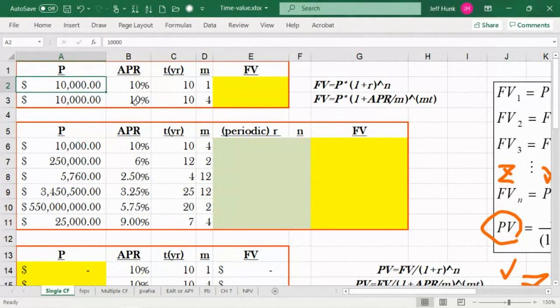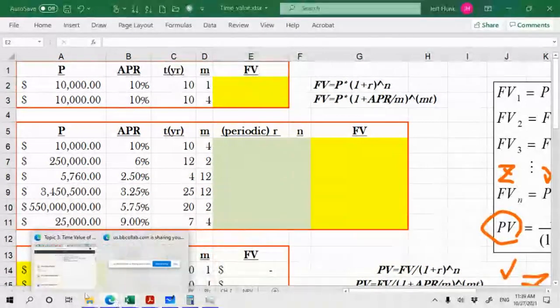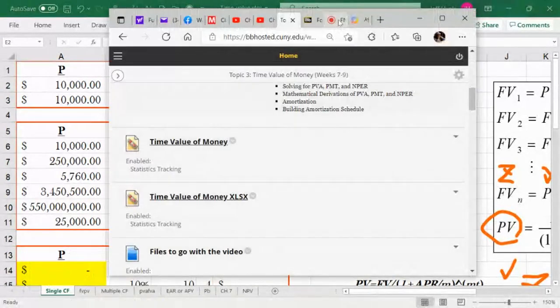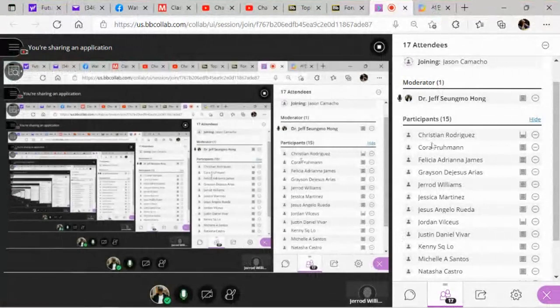Our example is that your principal is 10,000, 10K, APR, your rate, is 10%, time 10 years. So everyone has the matching data. Please confirm.